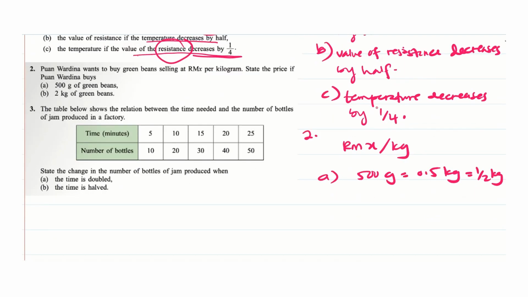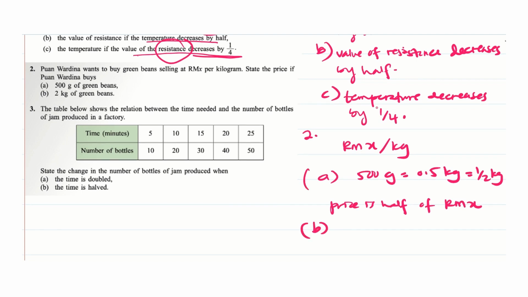So when we have that, we can state that the price Wardina will have to pay is half of RM X. Okay, so the price is half of RM X.